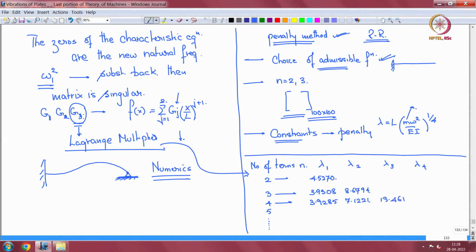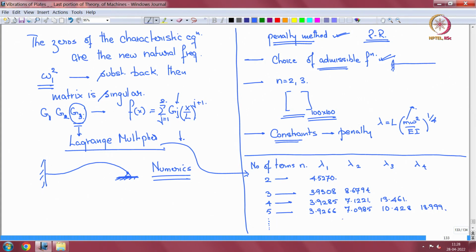13.461. If you take 5 terms, you get 3.9266 and 7.0985 and 10.428 and 18.999.